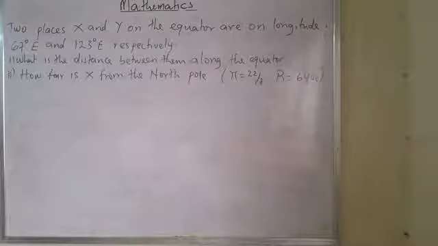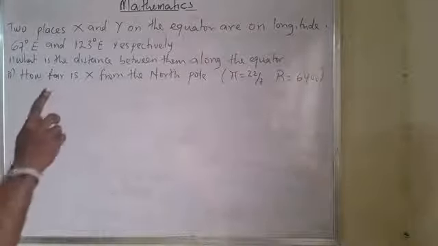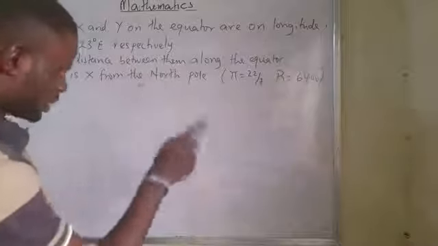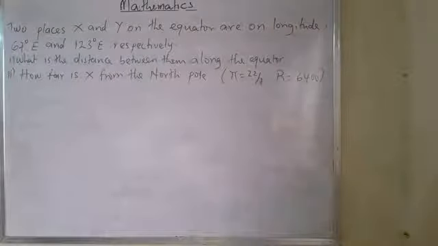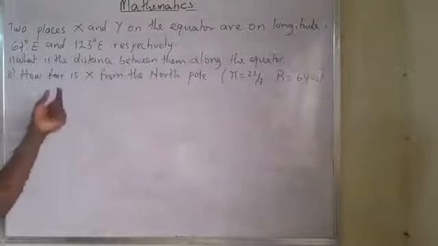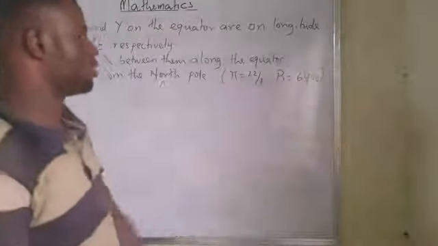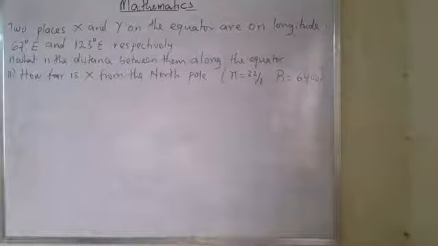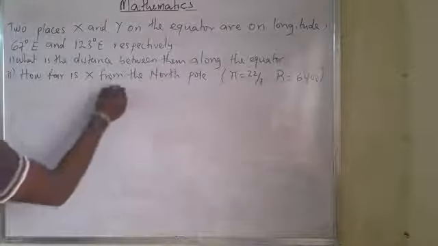Question number 1: What is the distance between them along the equator? 2. How far is X from the North Pole? Taking pi as 22/7 and radius 6,400.